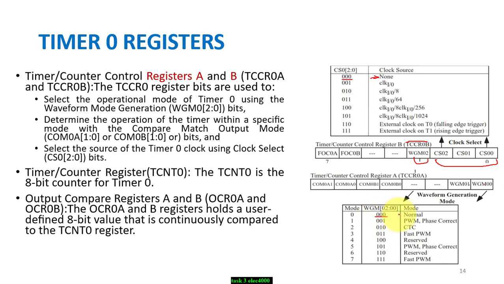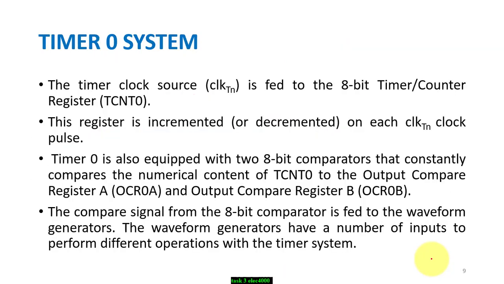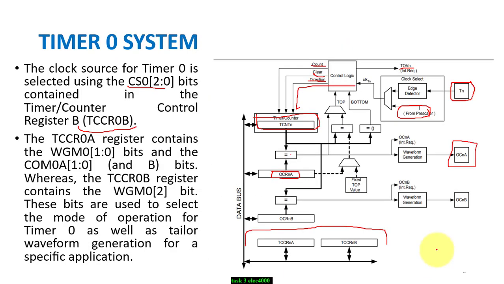The modes of operation are normal, pulse width modulation phase correct, clear timer on compare, fast pulse width modulation, reserved, pulse width modulation phase correct, and fast pulse width modulation. These are the modes of operation which we are going to discuss later on. So these are all built inside the timer counter control registers A and B.